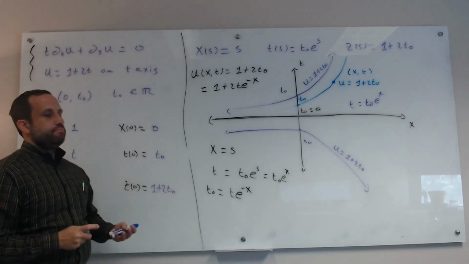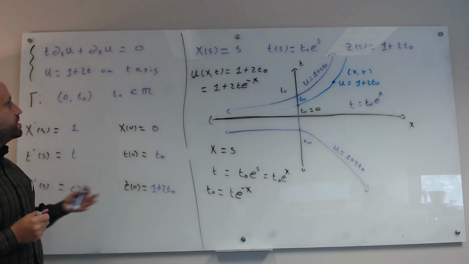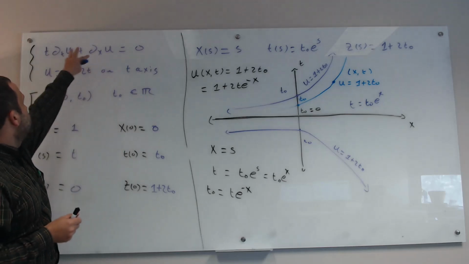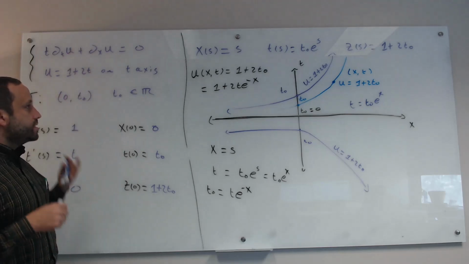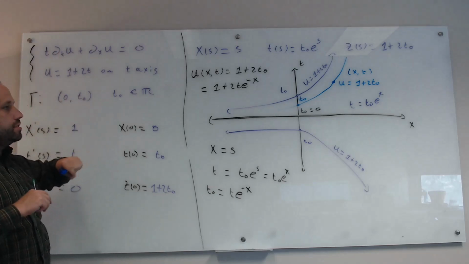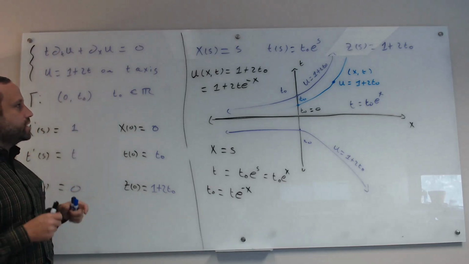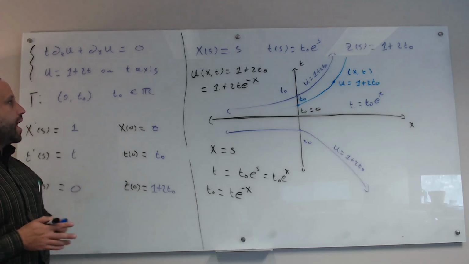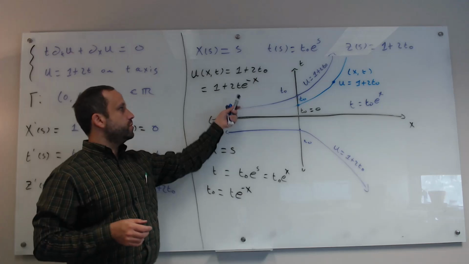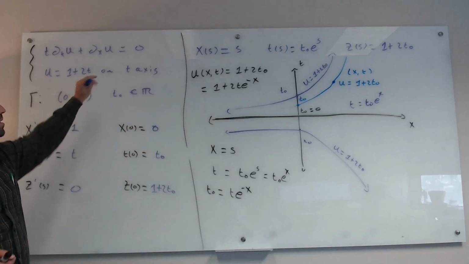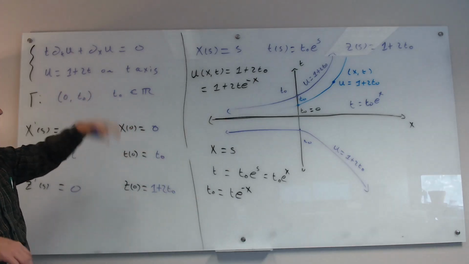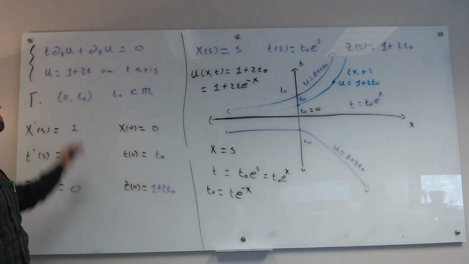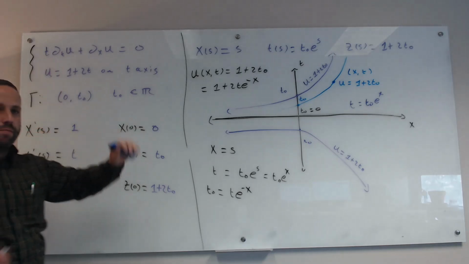Okay, again, just like for all the previous problems, please take some time and show that this function satisfies this problem. And again, it satisfies this not on some limited values of x and t, it satisfies this for all values of x and t. Again, if we set x is equal to 0, we have 1 plus 2t. That shows it satisfies this condition on our curve gamma. I just want you to show that it satisfies the differential equation. Okay, that's all for this one.